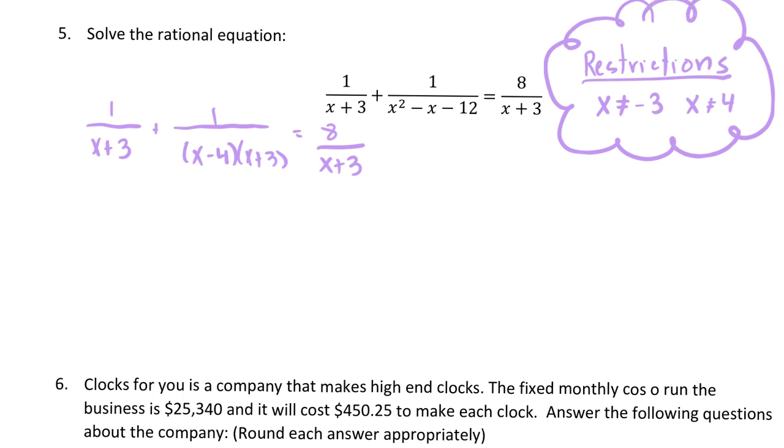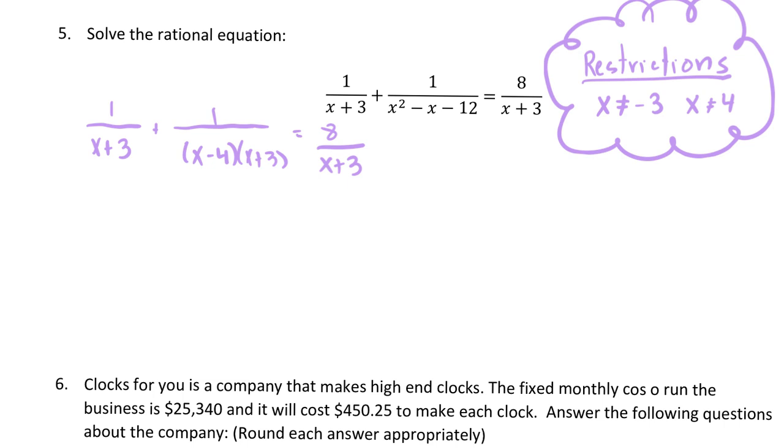Okay, after we find our restrictions, we need to multiply through by the LCD to get the LCD to go away. This is different than when we are adding. When we are adding, we only multiply each piece by what it's missing because we want to keep the denominator. But when we are solving, we want the denominators to go away completely.